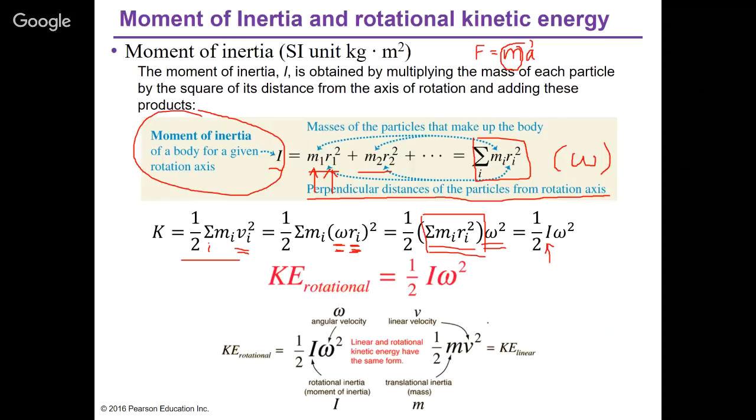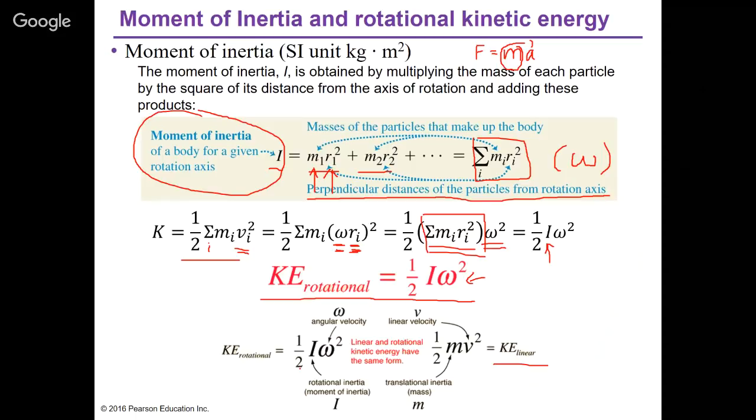So let's look at this form. The kinetic energy for a given rotation of a rigid body system will be half times the moment of inertia times the angular speed squared. This is a direct analog to the linear kinetic energy.